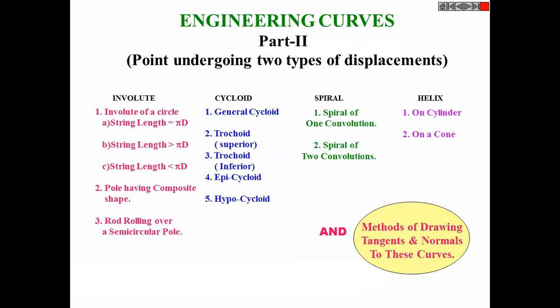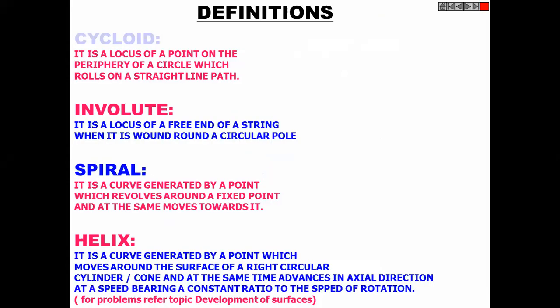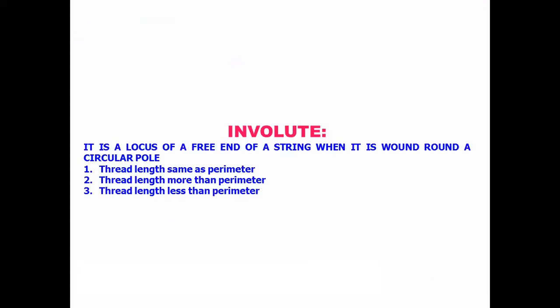Then we shifted to some curves where a point takes two types of displacement. We saw the involute and the definition of each thing. Then we saw three cases of involute, and we drew one problem considering all three cases.